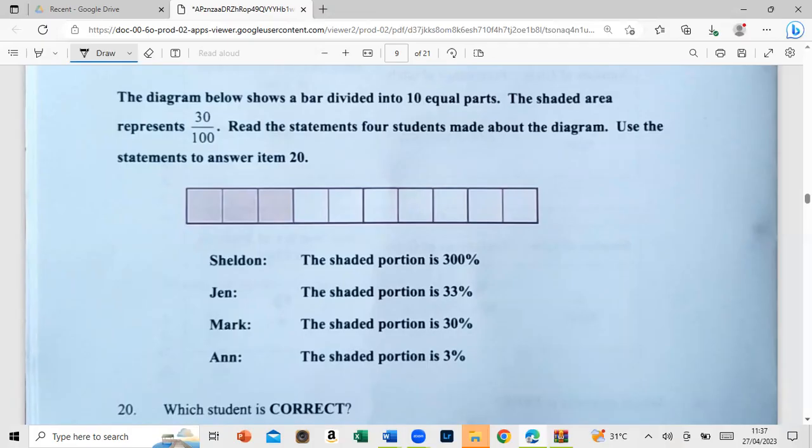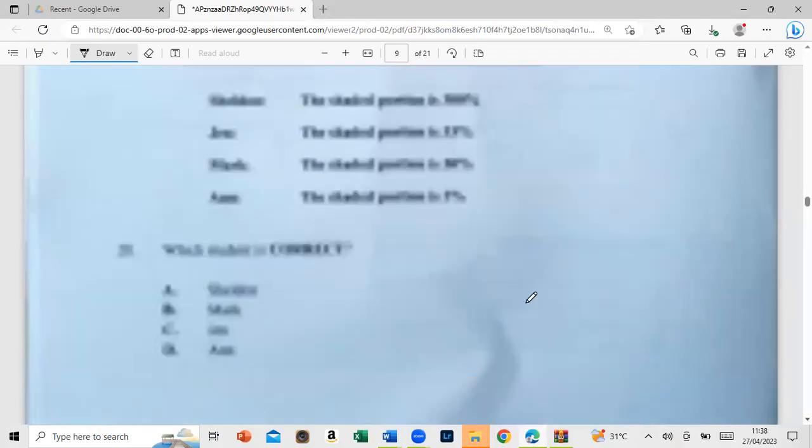Mark, the shaded portion is 30%. And Anne says the shaded portion is 3%. Which student is correct? Since it's 30 out of 100, that means it would be 30 over 100 times 100. So that's 30%. So I think Mark would be the correct person. So I'm going to go with Mark.